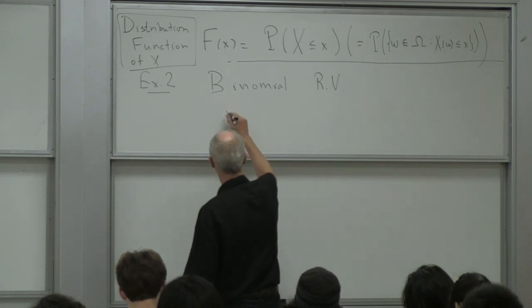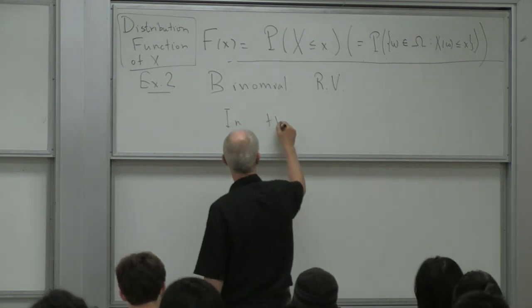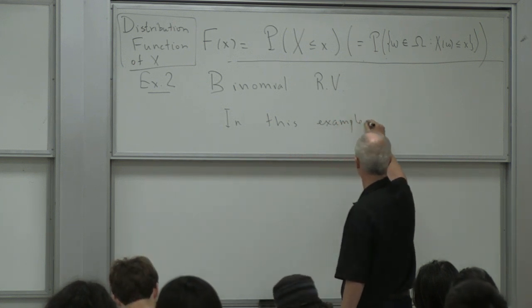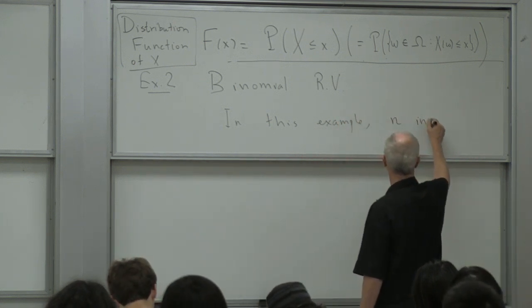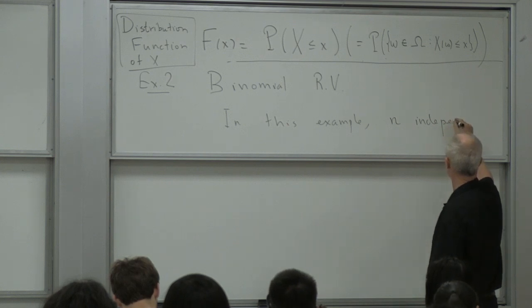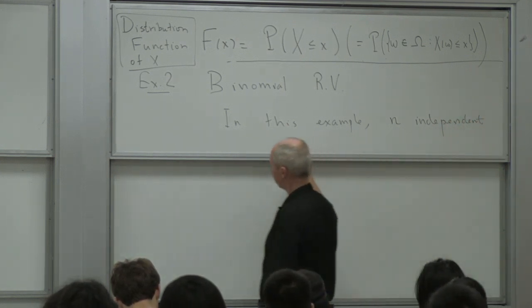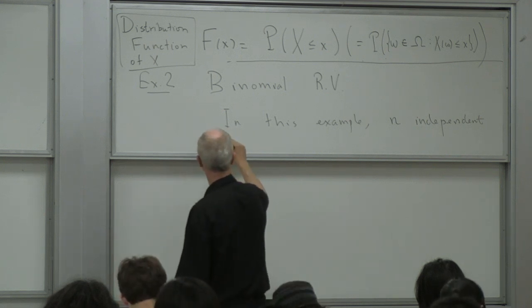In this example, n independent Bernoulli trials are performed.